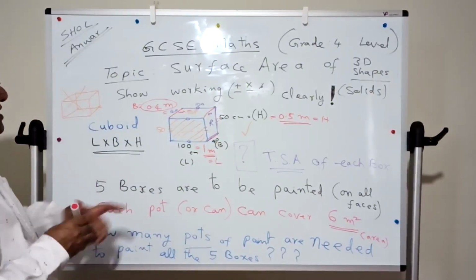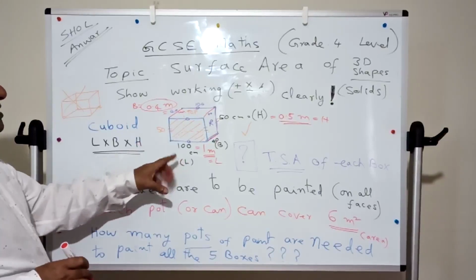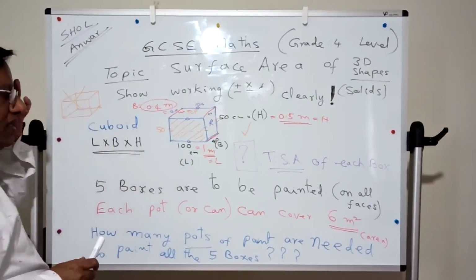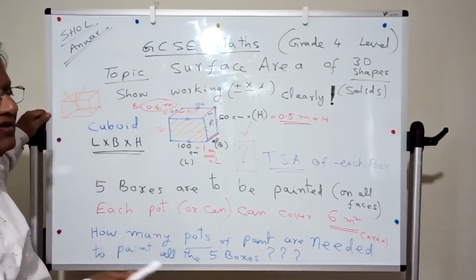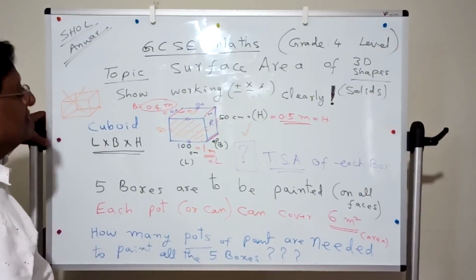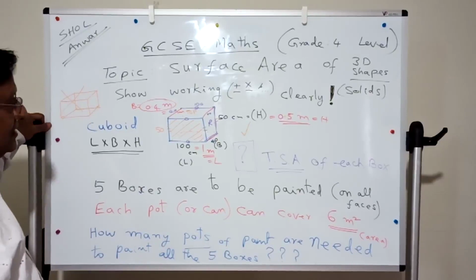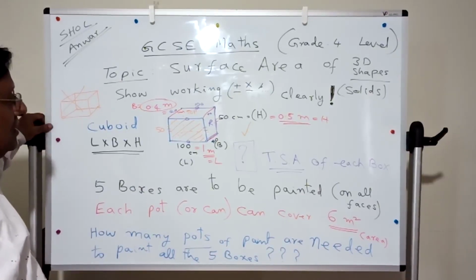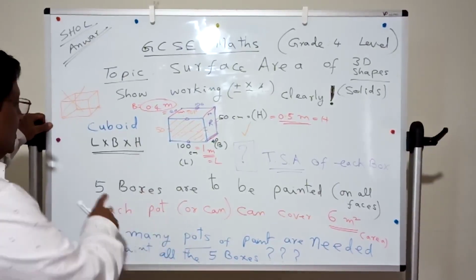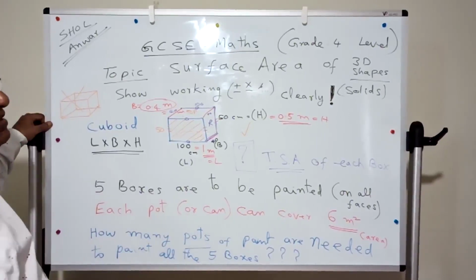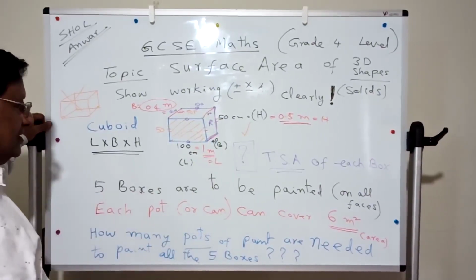So convert these centimeters into meters so that every multiplication you get is in square meters per area. And if you add all the things for one box, you will get the total surface area. So once you get the total surface area for one box, 5 boxes means 5 times that TSA.